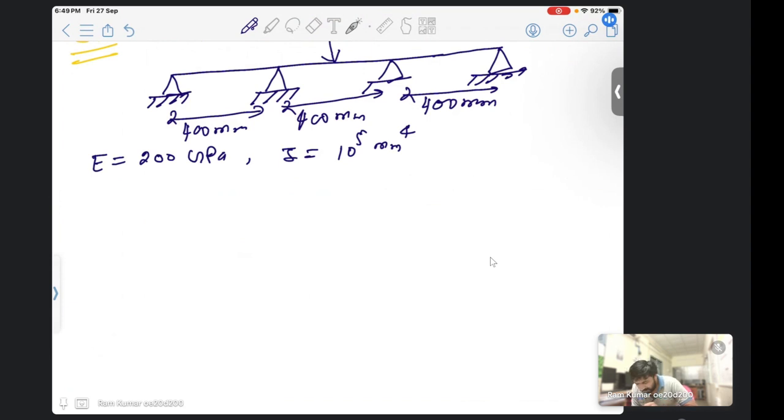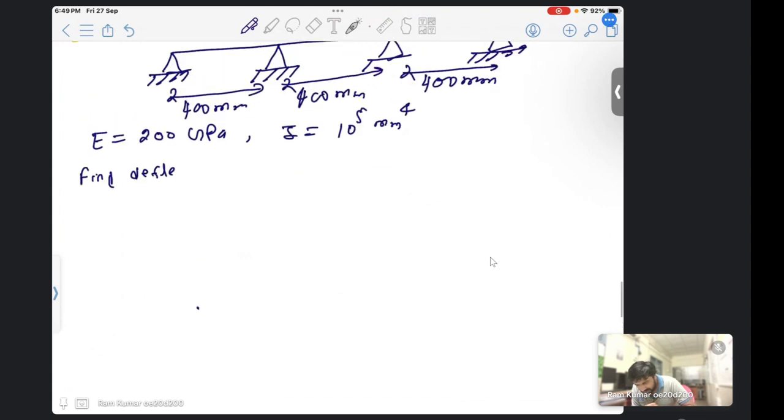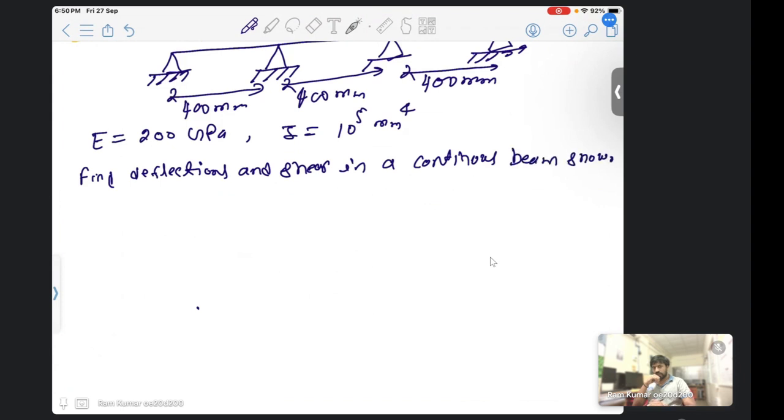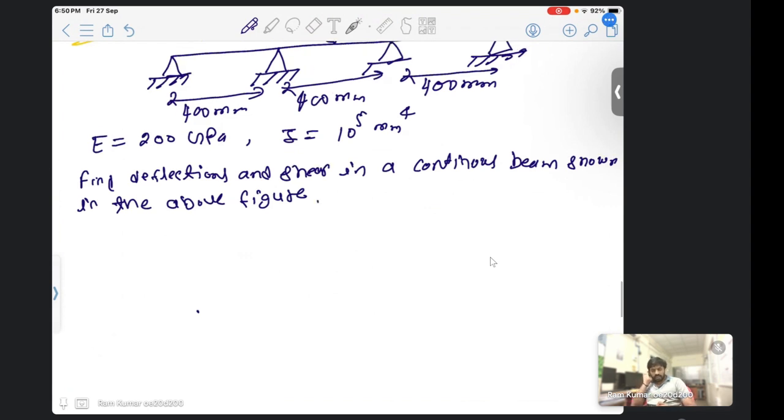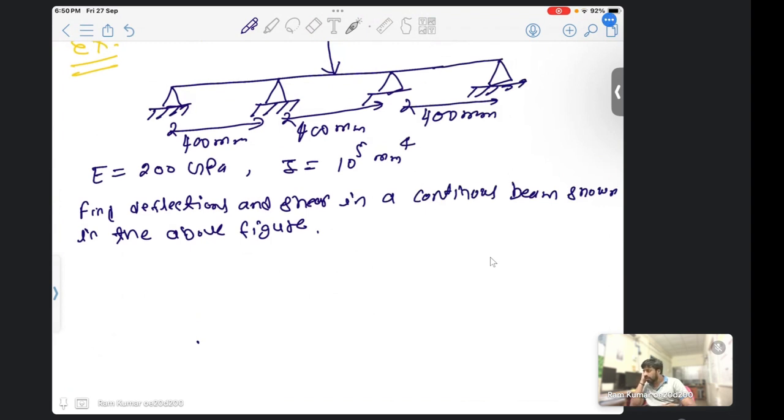So we have to find the deflection and shear force in the continuous beam shown in the above figure. So this question we are going to solve.